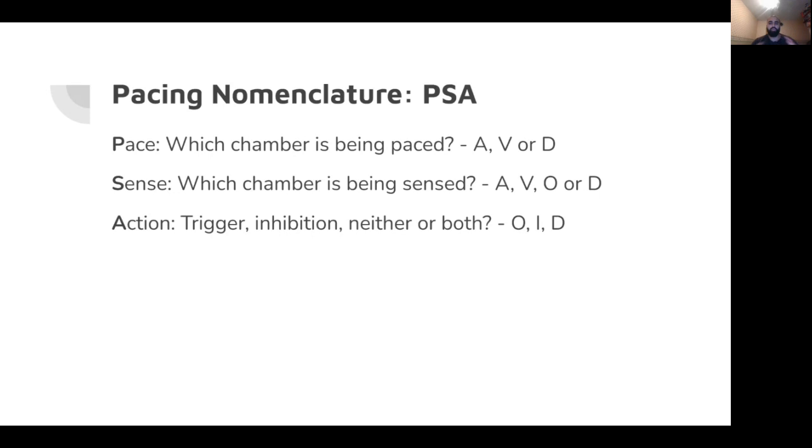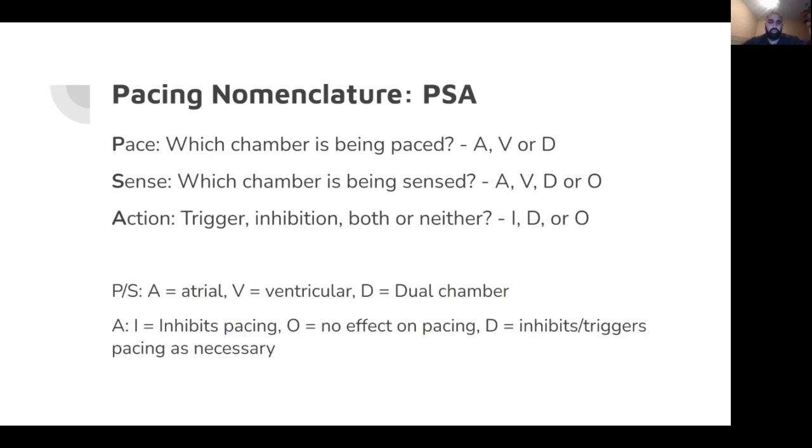D essentially means dual mode. So DDD means that we are pacing both. And a key point to mention here is that there is a pacing mode called VOO, or DOO, which is where you pace either the ventricles or both chambers, irrespective of information coming into the pacing box.